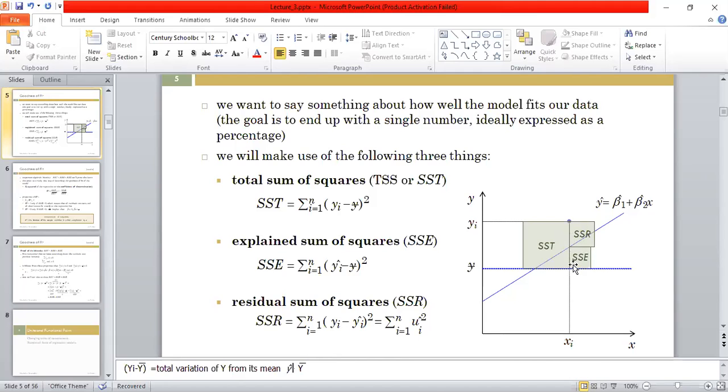So this distance, y hat minus y bar, is called explained variation. What does it mean?